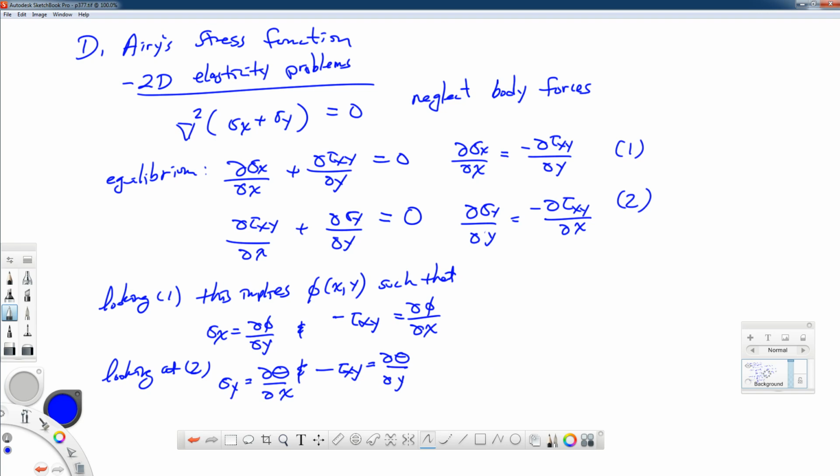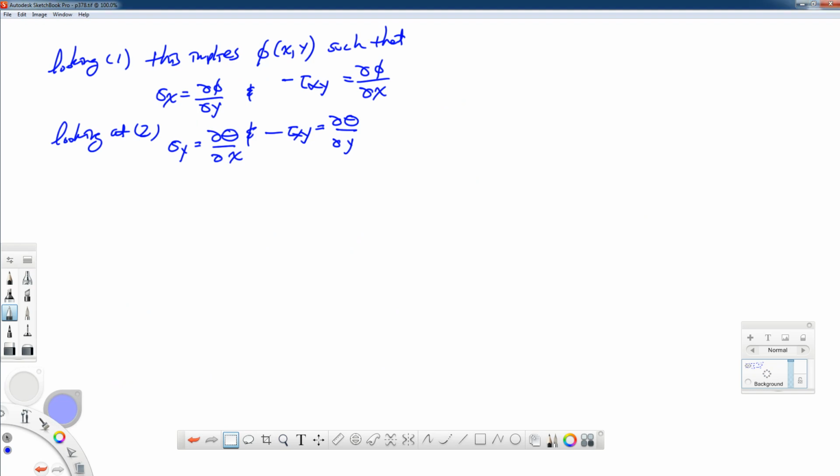Let's make a little room. Well, if we look at these sets of equations carefully, you'll see that minus tau xy is equal to the partial derivative of phi with respect to x and the partial derivative of theta with respect to y.